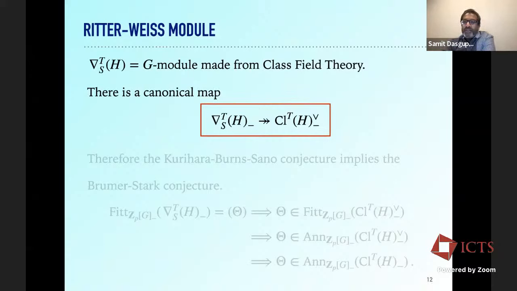To give some intuition for it, as you know, class number formulas tend to relate regulators times class numbers to leading values of L functions. So on the purely algebraic side, you'd like to see something that sees not just a class group, but a regulator times a class group.